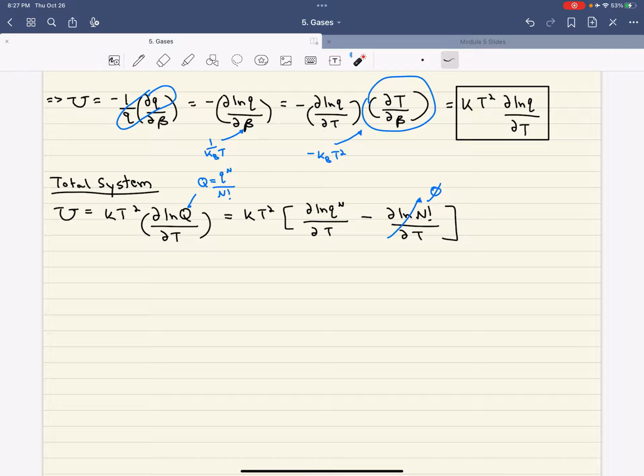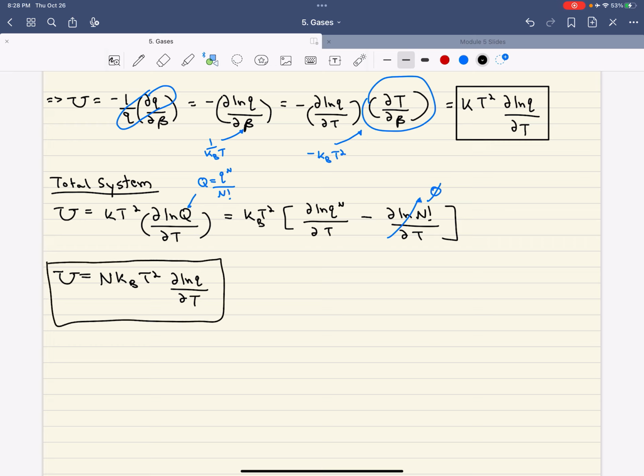All right, in here, we could play around with our natural log rules, and since we have N as an exponent, we could bring that down. And so we find that our internal energy is just going to be NkB T squared d ln of q dT. All right? So this is what the internal energy would be for the total system.